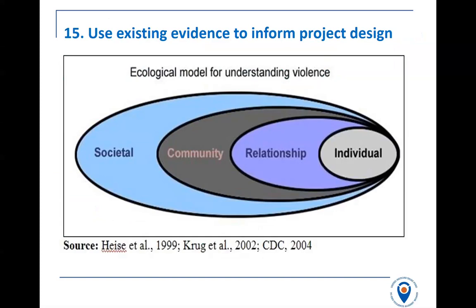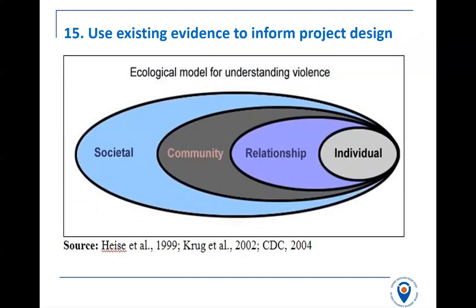So if you're helping to improve a woman's individual knowledge of her rights, where can she go after that to get help? Is there something that you need to help put in place in the community so that she can do something with that new knowledge, that there isn't a brick wall? And we've had projects in the past where women have been made aware of their rights, but then they have nowhere to go for help.